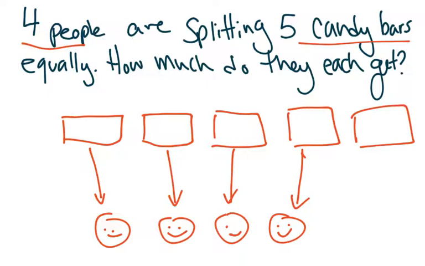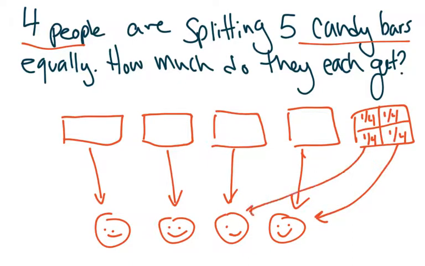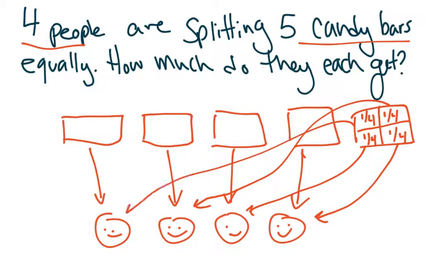Well, I can't just give one person this last candy bar, but I could break it up into 4 equal pieces. Those would each be 1/4 large, because they're 4 equal pieces. And I could give a 4th, and a 4th, and a 4th, and a 4th.